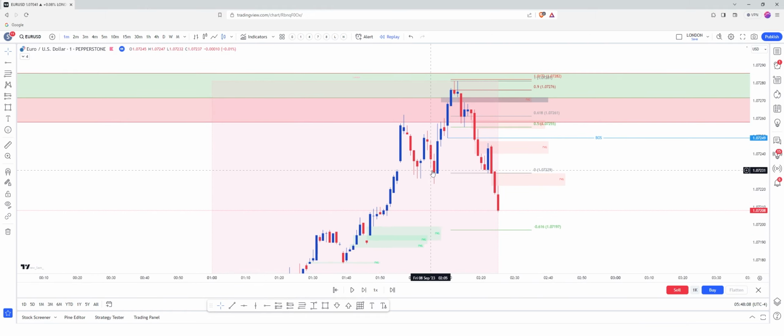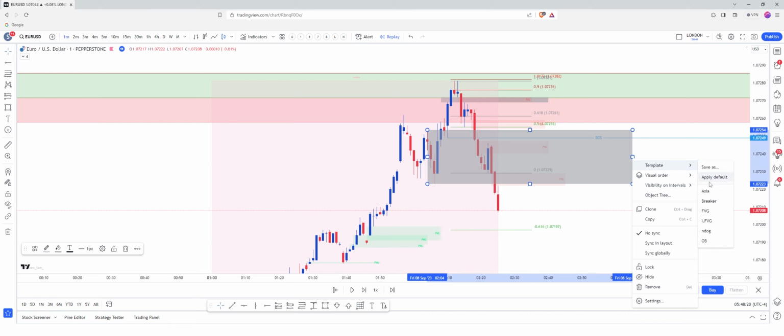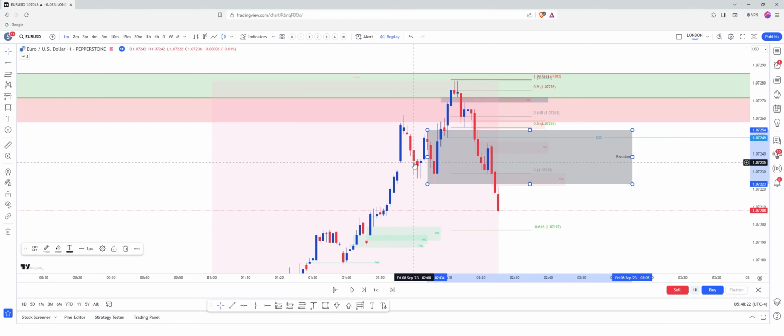Price has come down, it's cleared through these. So this is now a failed order block, which is a breaker block. Because it's not acted as support, we can expect if price comes back, it to act as resistance. We do have a fair value gap at this point as well in here.